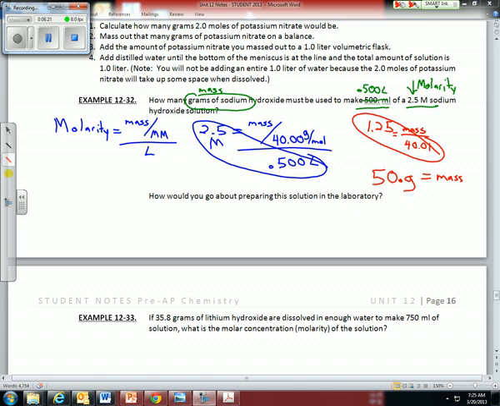Okay, how would I go about preparing the solution in the lab? Number one, I would measure 50 grams of sodium hydroxide on a scale or balance. Add sodium hydroxide to volumetric flask, because that's the best way to make solutions.